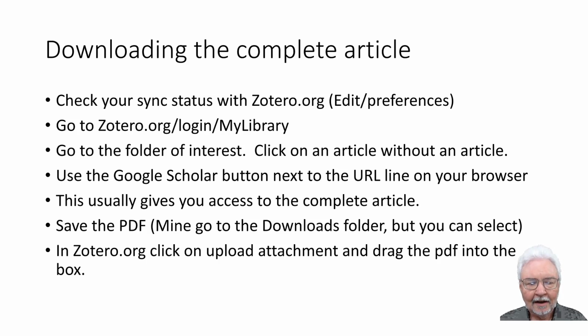Save the PDF, then go to Zotero.org, your library in there, and when you have clicked on the reference you're interested in, at the bottom you'll see Upload Attachment. So then go to where you saved the PDF, find the file, and drag it into the box that's listed there.